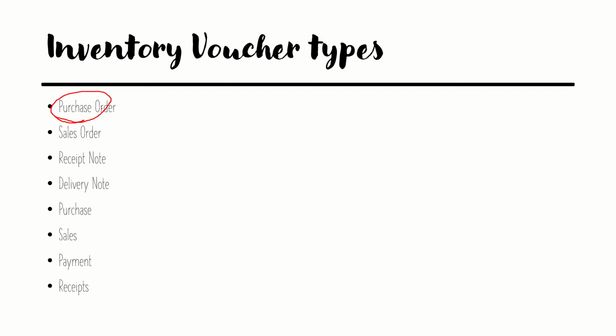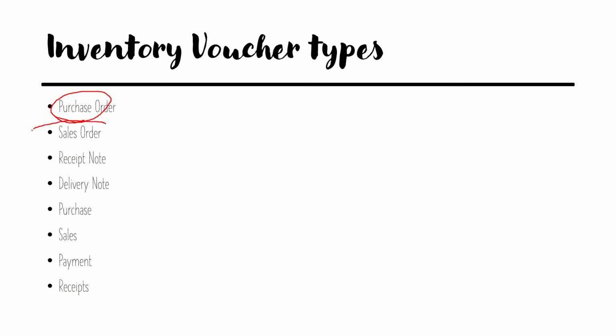With a purchase order you can place an order before you buy anything from the supplier, but it will not reflect in your inventory positions or in your accounting ledgers. It's like a reservation. You can reserve the product.